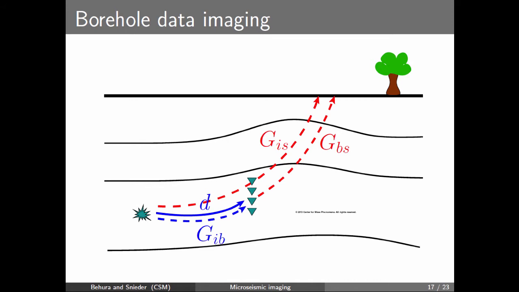We need to compute the Green's function from the image point to the surface, compute Green's function from the borehole receivers to the surface, and then use these two Green's functions in red as inputs for seismic interferometry, and then compute the Green's function GIB, that is Green's function between the image point and the borehole receivers. So that's the way we can compute this Green's function in blue.